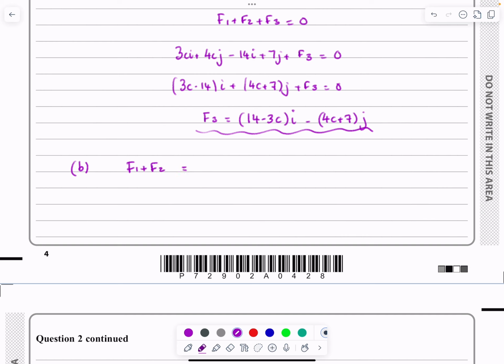So F1 plus F2, it was 3Ci plus 4Cj, and it was minus 14i plus 7j, but we know that C is equal to 2 in the question, so that's 6i, 8j, minus 14i, plus 7j. So that all tidies up to minus 8i plus 15j.